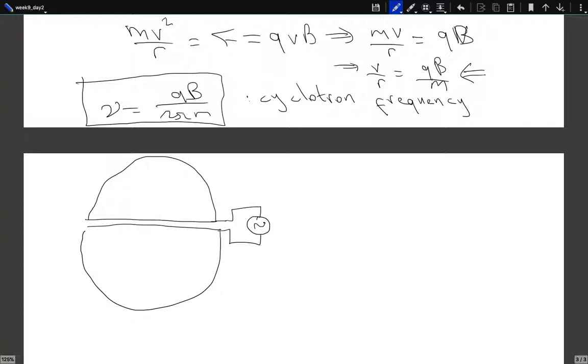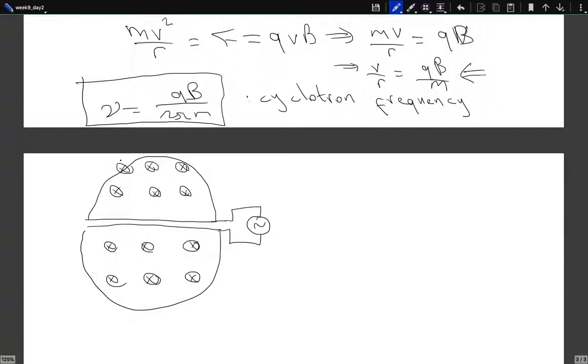You put this system in a magnetic field. That's a uniform magnetic field. Close to the center, you put an ion source, which creates charged objects. It can be electrons, for example, or if you ionize the hydrogen atom, you can take the protons or electrons, whichever you like. But the idea is you input a charged object with a known mass.